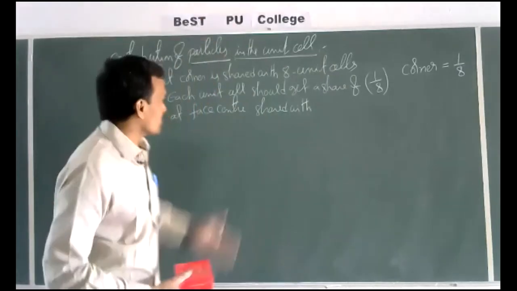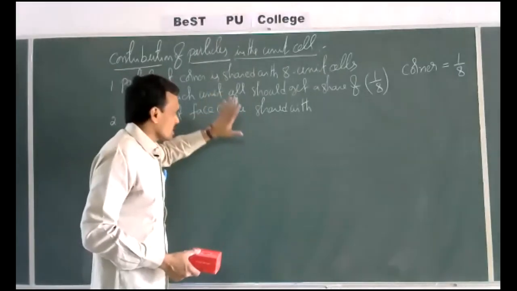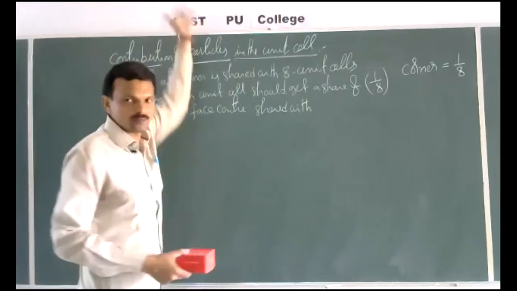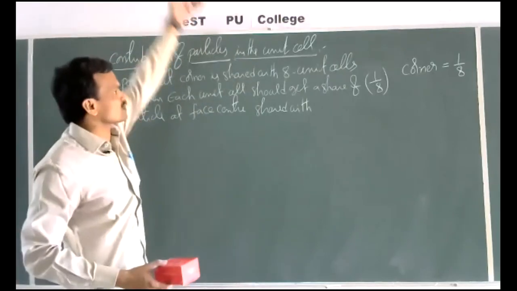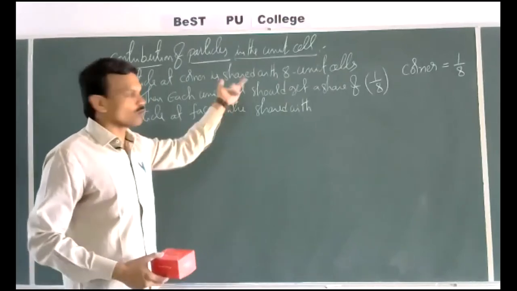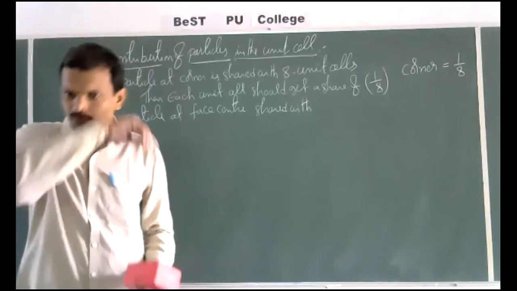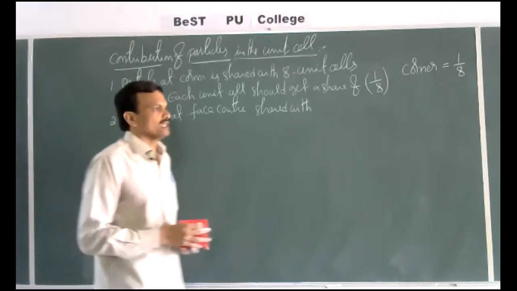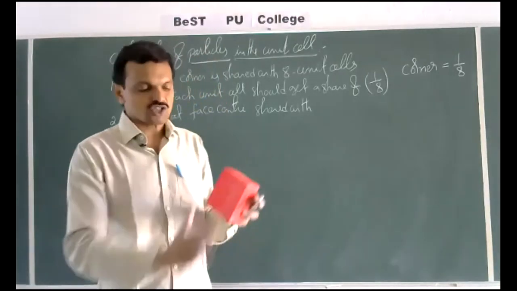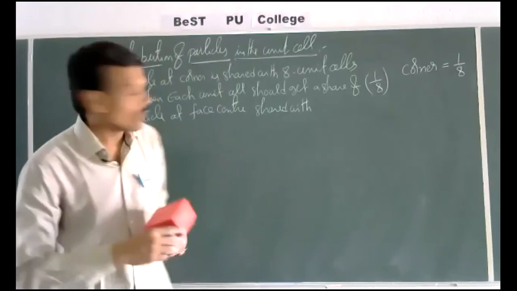One more simple example: here a board is fixed to the wall. Now this wall belongs to this room as well as one more room present behind it. This is the face of this room, so this wall belongs to 2 rooms. That means each room should get a share of 1/2. Means if a particle is present at the face center, that particle is shared with 2 unit cells, then each unit cell should get a share of 1/2.